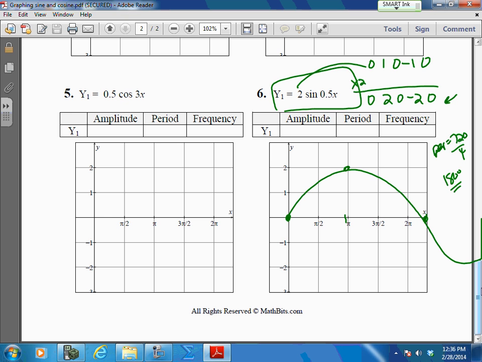Okay, so for homework, I'm giving you this packet, but you can cross off the last 3 columns. Cross off the last 3 in this packet.